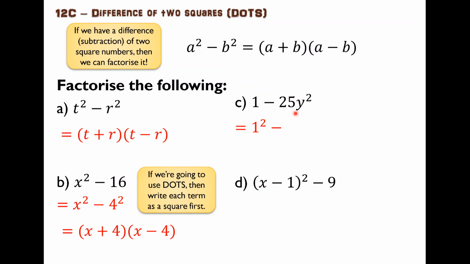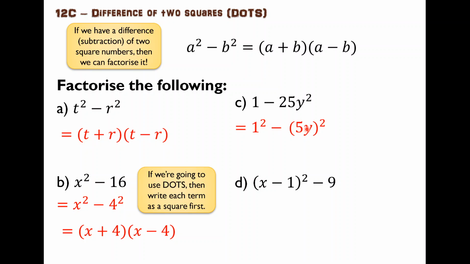The thing that I need to square to get 25y squared is 5y. Because 5 times y times 5 times y is 25 times y squared, which is 25y squared. So it is important that we write this 5y in brackets, so that each of these, the 5 and the y, get squared.